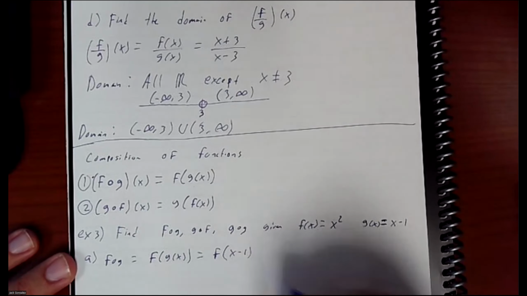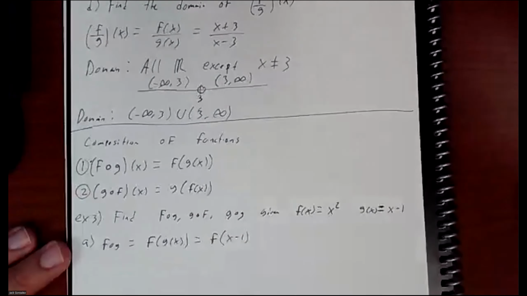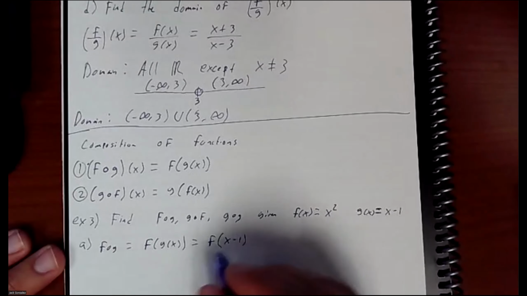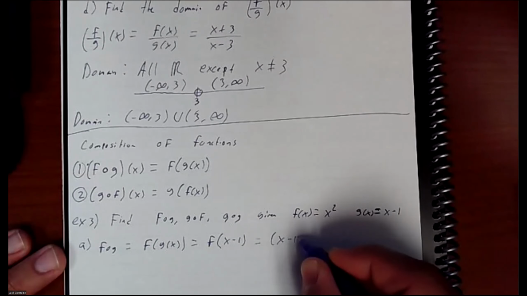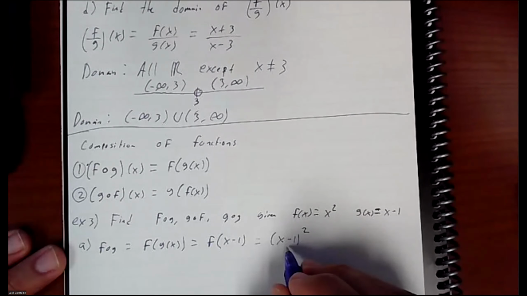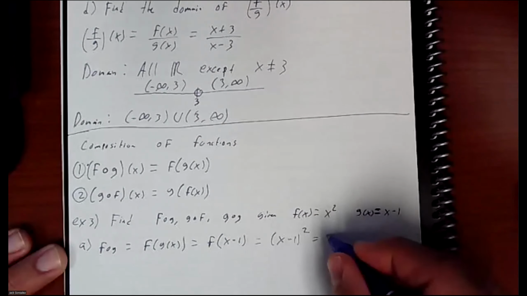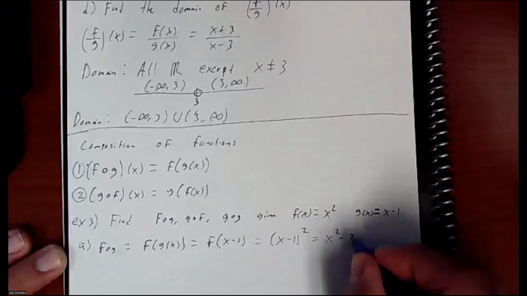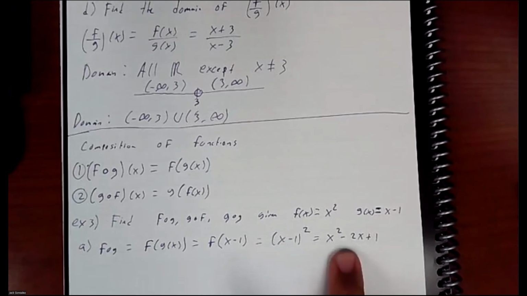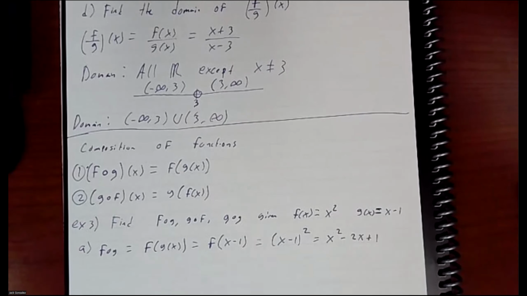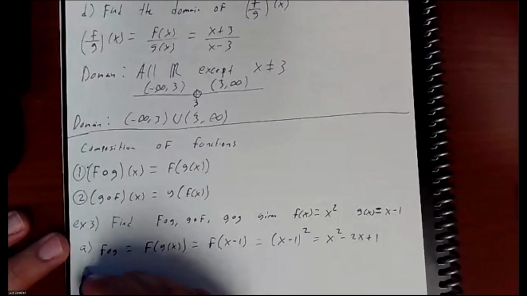So I'm going to go ahead and write it out so you can see it. x minus 1 is going inside the f, which means, what does f do, right? f squares stuff. So square that input. That gives us this result. So this is f of g. Any questions on part A?